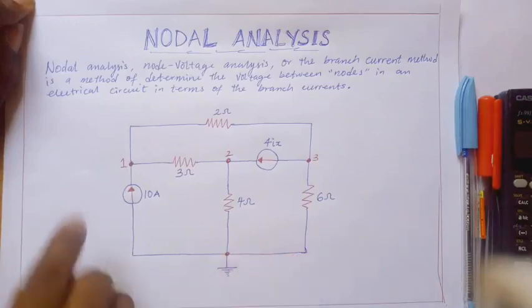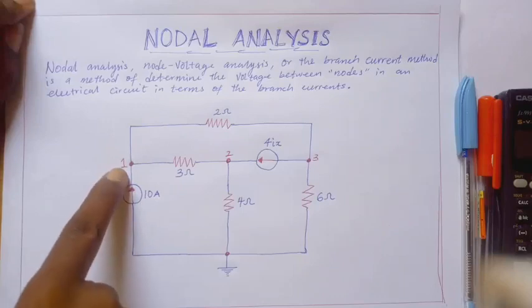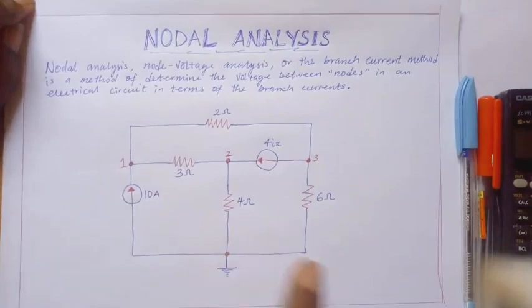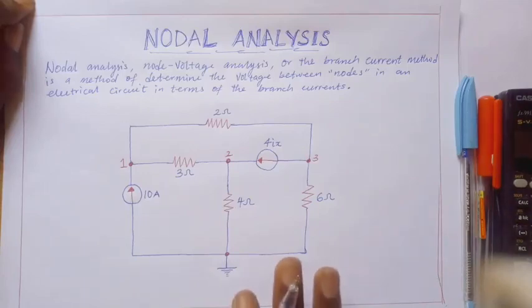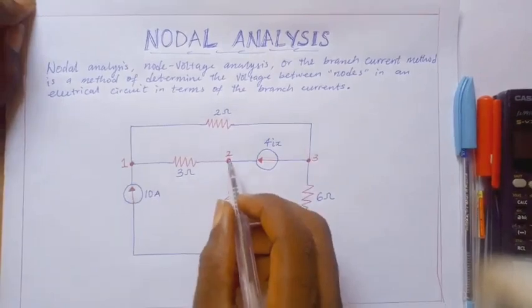Now this one, we can call V1. You can also name it A, B, C, D. Now listen attentively. I want you to take your book and your pen so we can work this together, so you'll be able to understand how we got it. Pay more attention please. This one is 1, this one is 2, and this one is 3.